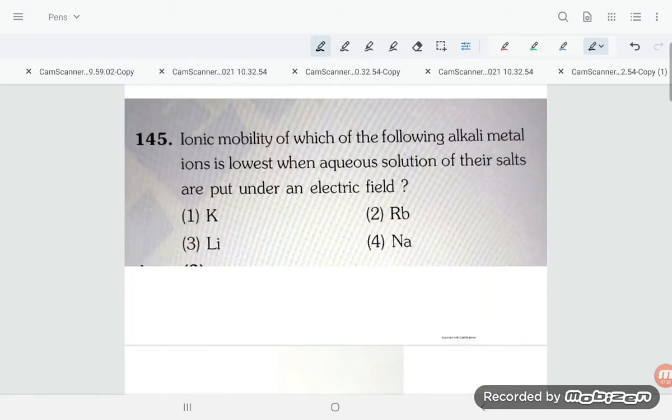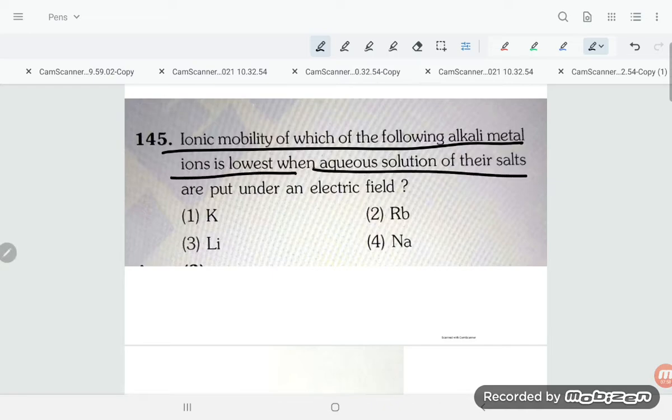What is the question? Ionic mobility of which of the following alkali metal ions is lowest when aqueous solutions of their salts are put under an electric field?